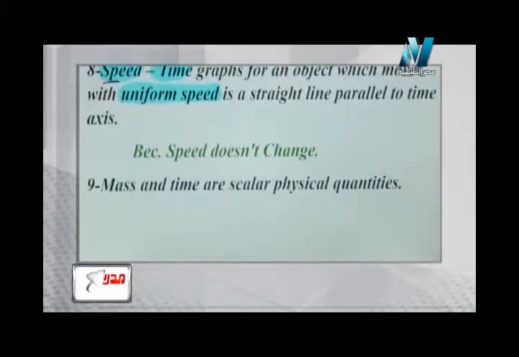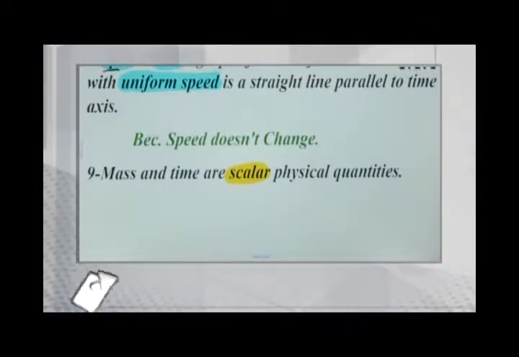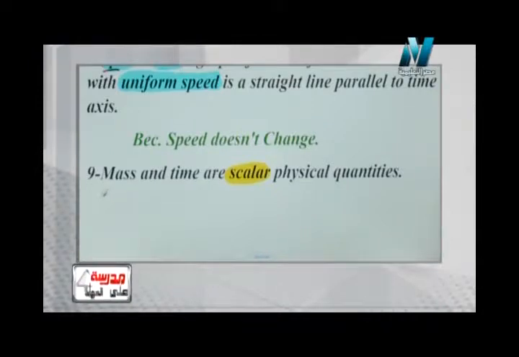Number 9. Mass and time are scalar physical quantities. So we can find the answer from what here? From scalar. What is meant by scalar physical quantities? We know the definition of scalar physical quantities, as we can identify these quantities by using what?